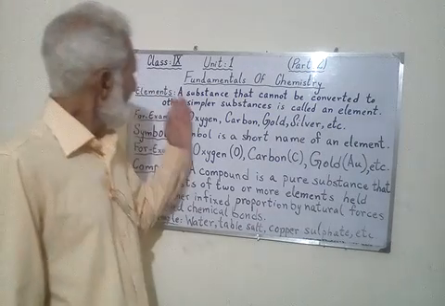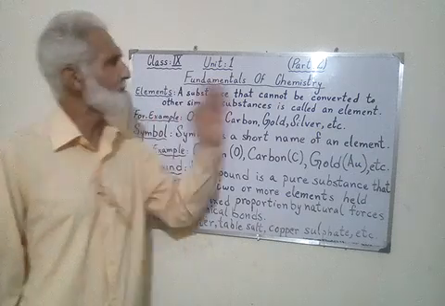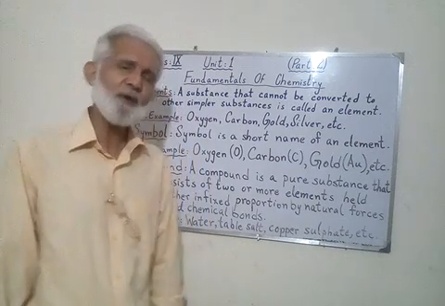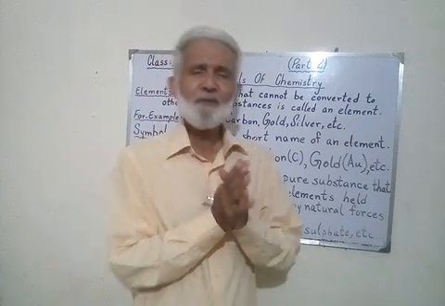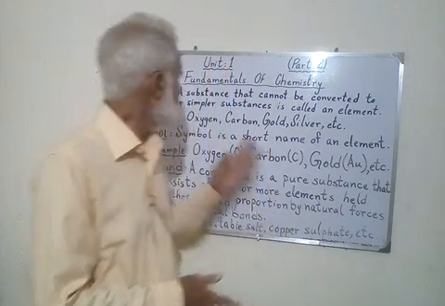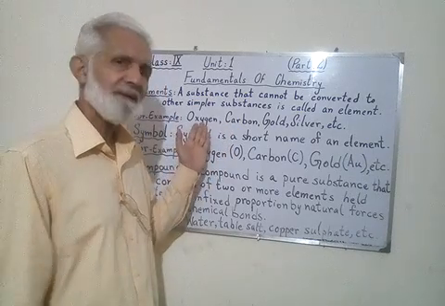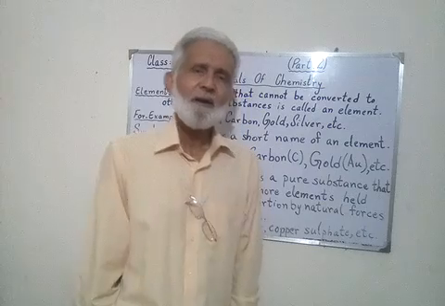Element: a substance that cannot be converted to other simpler substances is called an element. Oxygen is an element, carbon is an element, gold and silver are elements.